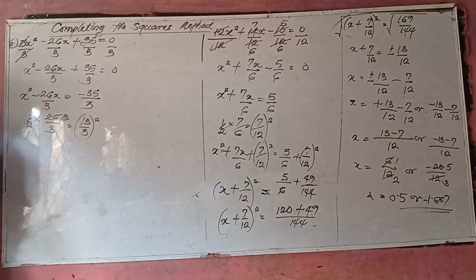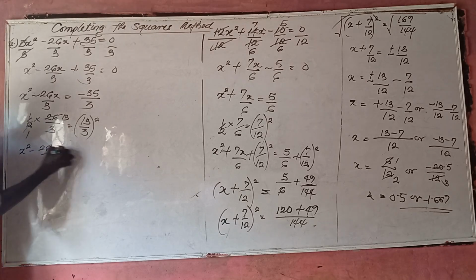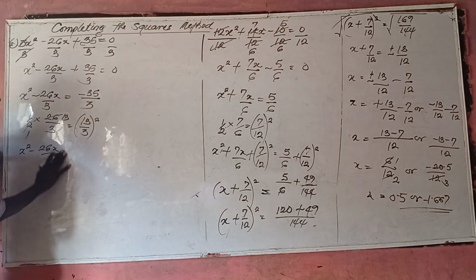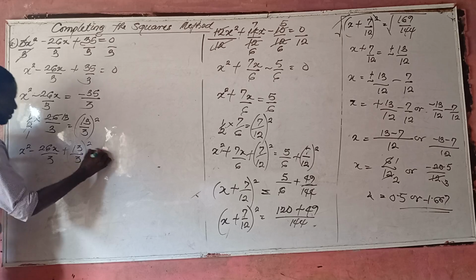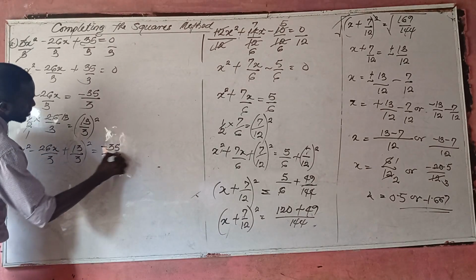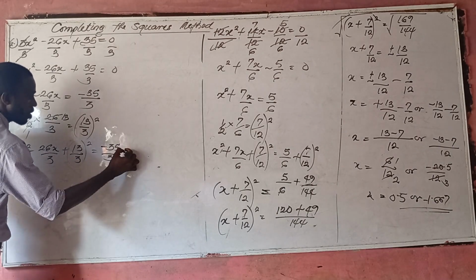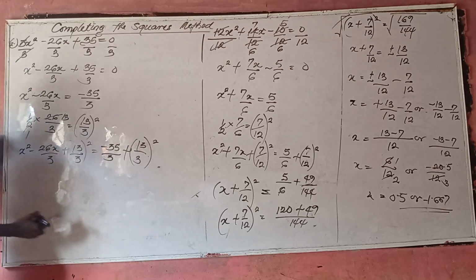So we have x squared minus 26x over 3 plus 13 over 3 all squared is equal to minus 35 over 3 plus 13 over 3 all squared.